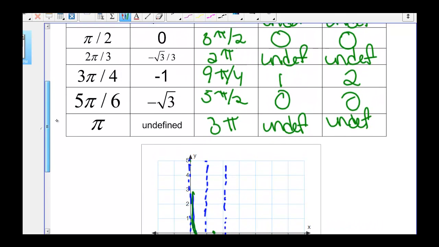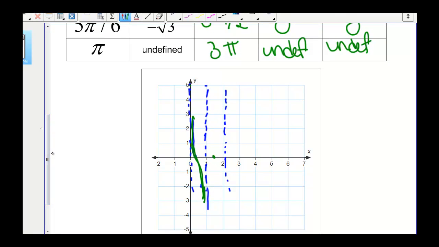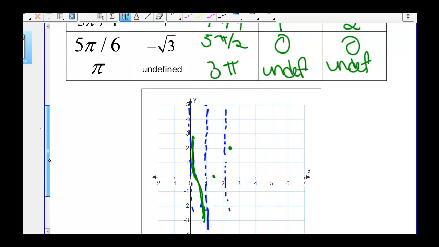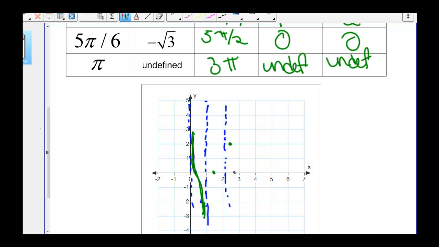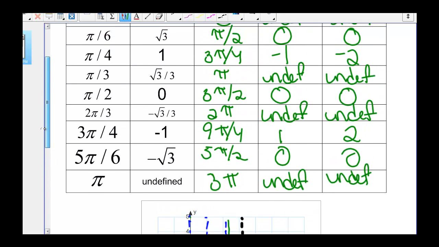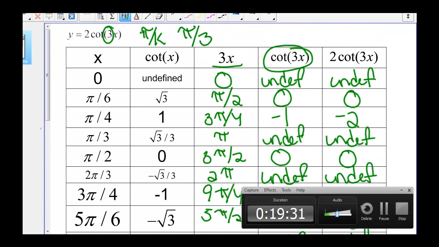At 3 pi over 4 we are at 2. At 5 pi over 6, 0. And at pi we are undefined. So drawing in, we might need more points to figure out exactly what these look like, but this is what our graph should look like. And we can verify that by graphing this on our calculator.